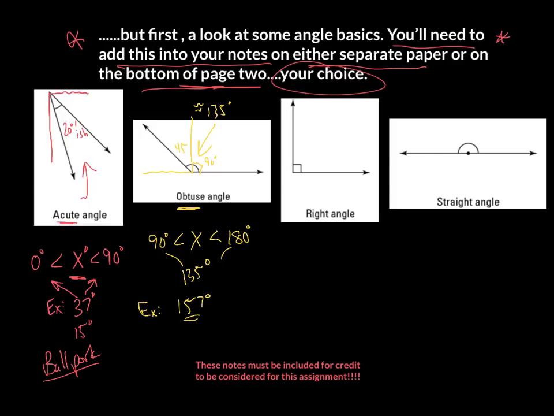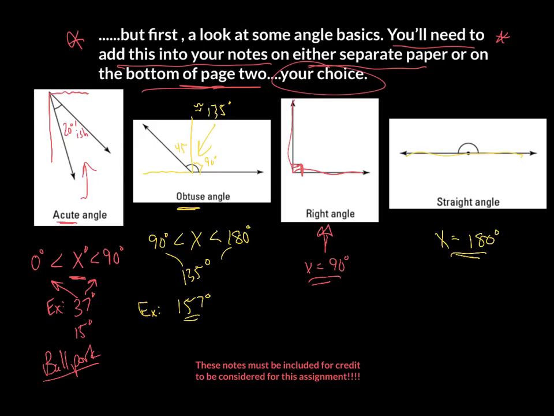The last two are very straightforward. Right here, we have our right angle, and we're familiar with that, working with the Pythagorean theorem. A right angle, x, is exactly, no more, no less, 90 degrees. And for straight angles, we have right here a straight line. That would be x is equal to 180 degrees, no more and no less.